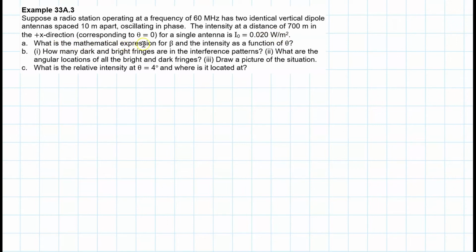A. What is the mathematical expression for beta? And the intensity is a function of theta. B. How many dark and bright fringes are in the pattern? What are the angular locations of the bright and dark fringes? And draw a picture of the situation. What is the relative intensity at 4 degrees, and where is that located?